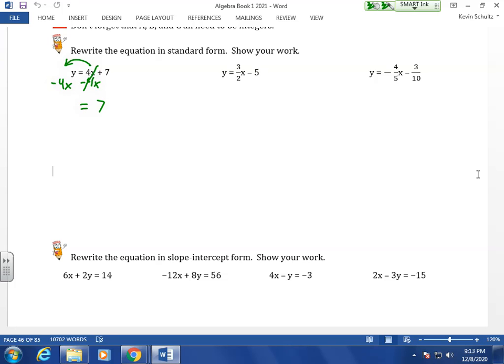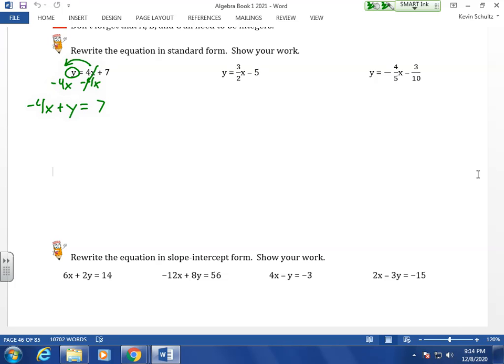So instead of y minus 4x, reverse it: negative 4x and then plus y. And that y is positive because it was positive up here in slope-intercept form. And so now we have the equation written in standard form: negative 4x plus y equals 7.